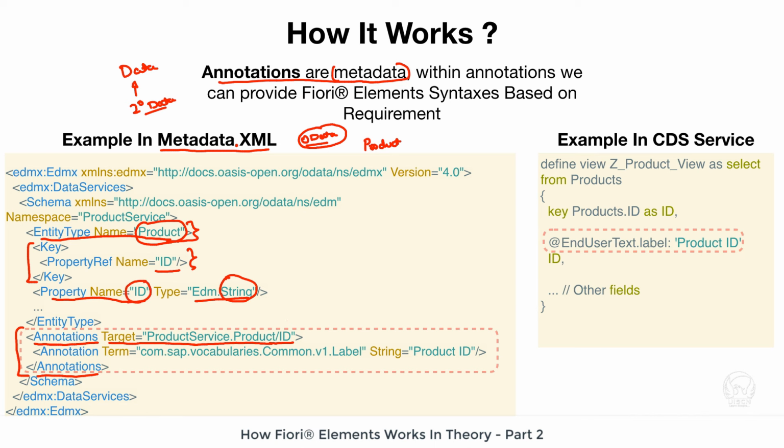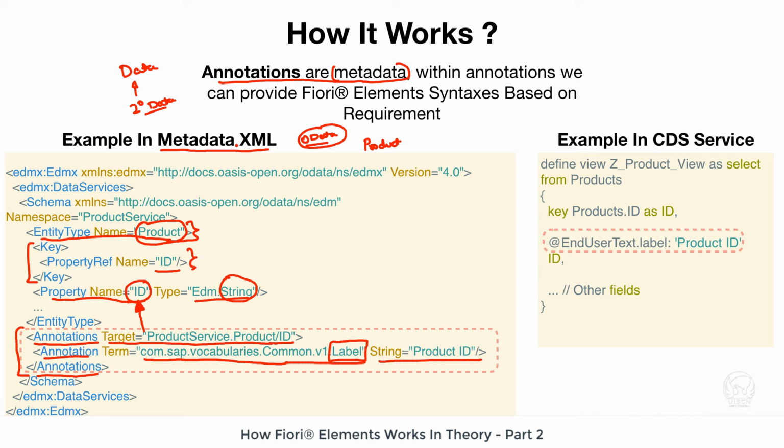So the data is the ID here. This annotation is the metadata for this ID. It provides some extra information about this ID. Within this annotations, we can see annotation single, where it has the term com.sap vocabularies common v1 label. The important thing to see here is that this is providing a label to our property ID.